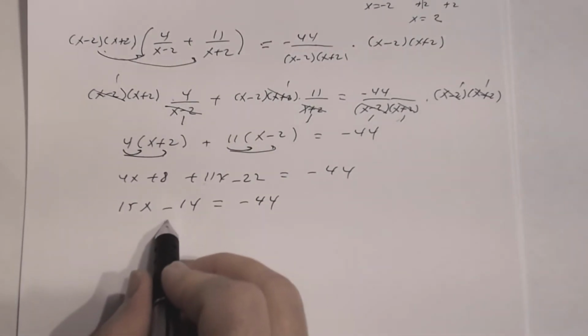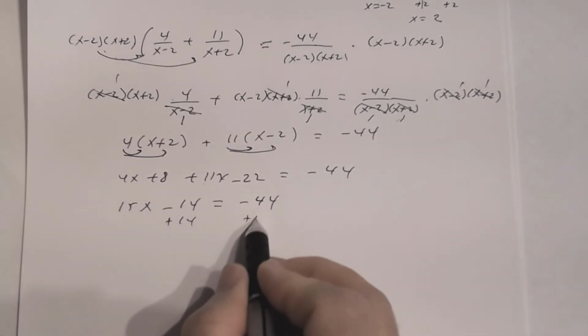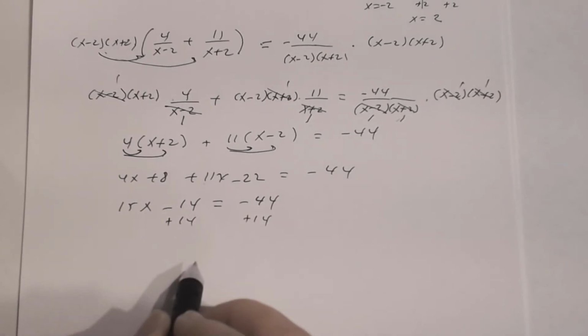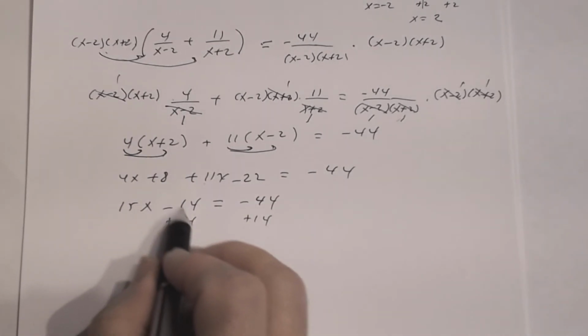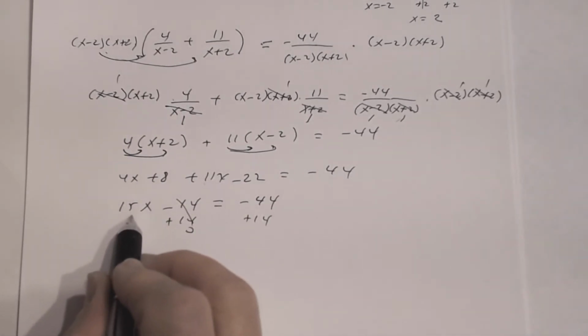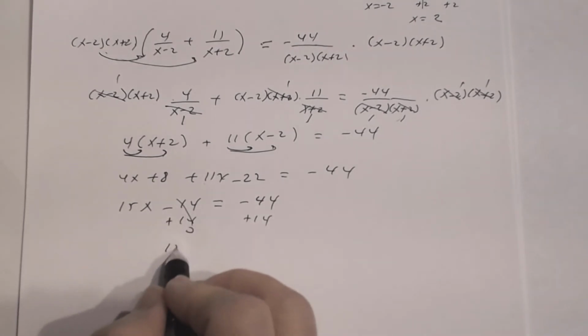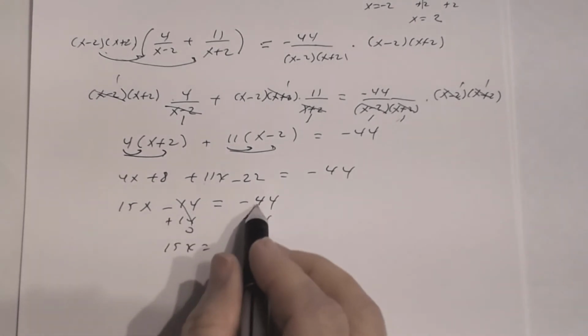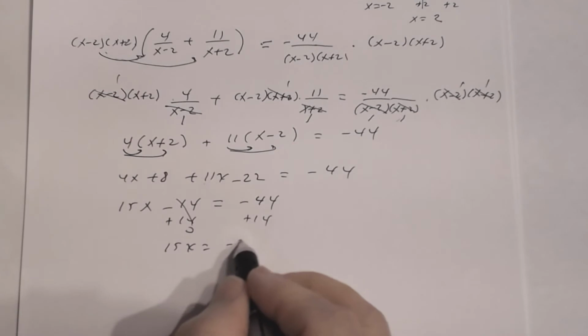All right, and then adding 14 to both sides. Remember, trying to get the variable by itself. And so then combine like terms. This is going to be 0, so I get 15x on this side equals, and then negative 44 and 14 is negative 30.